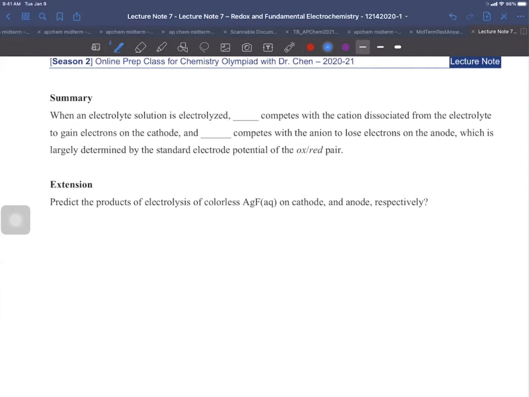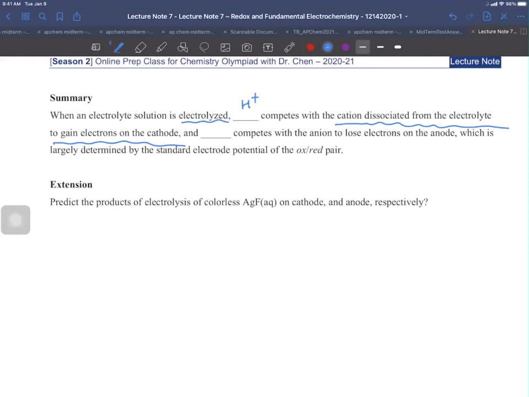When an electrolyte solution is electrolyzed, what competes with the cation dissociated from the electrolyte to gain electrons on the cathode, I think, is the water, or more specifically the H plus, right? The H plus from the water will compete with the cation. So which one will win the game? It depends on the potential, right? The standard potential can give us some reference.